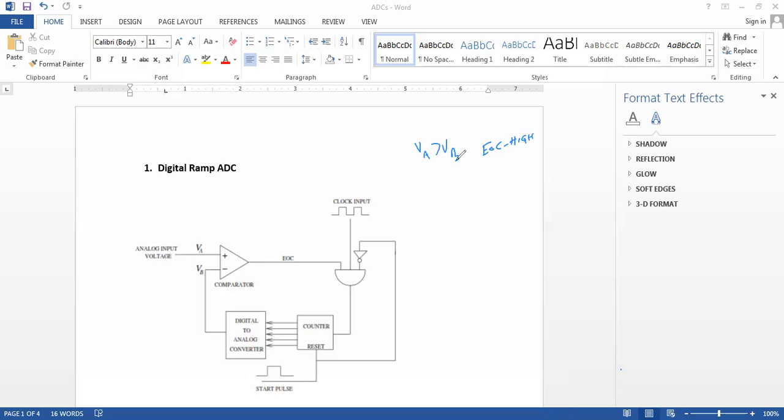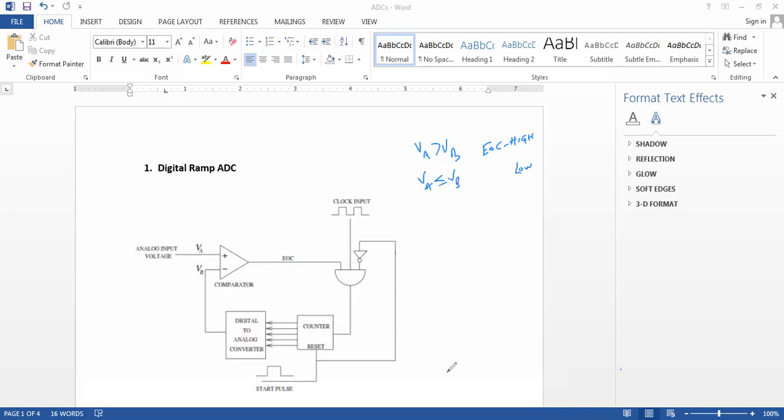If VA is greater than VB, end of conversion or the output of the comparator is high. If VA is less than or equal to VB, then end of conversion is going to be low, or a 0. Then the output of the AND gate is going to be high so long as all its 3 inputs are high. And then the reset pin is used to reset the counter to start from 0.